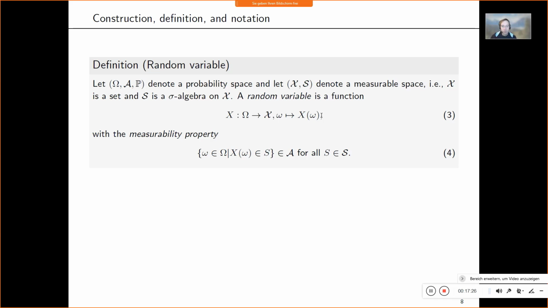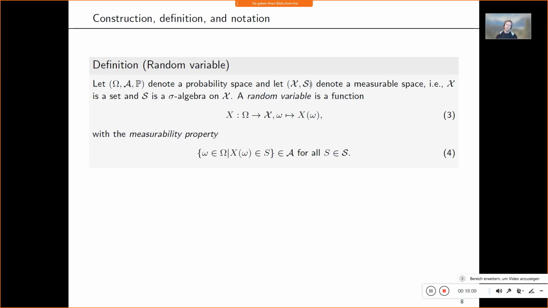It is required, so a function like this is called a random variable if it fulfills the measurability property. That means, as we discussed already, that all pre-images, so these sets of omega in Omega for which the elements are mapped onto elements in S, are part of the sigma algebra on the original probability space, and this holds for all sets in the sigma algebra calligraphic S. So the mathematical definition of a random variable is a function between a probability space and a measurable space.